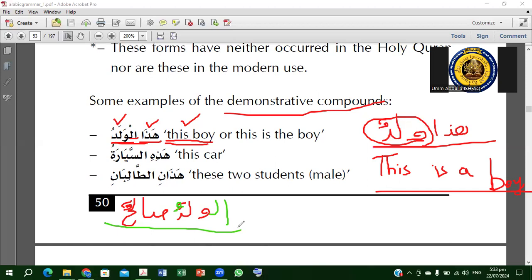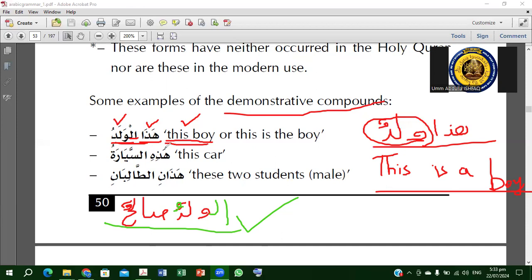The boy is righteous. This becomes a sentence. Can you see the very delicate difference? Waladun salihun, a righteous boy. But if you say al-waladu salihun, the boy is righteous, then it makes it a sentence.